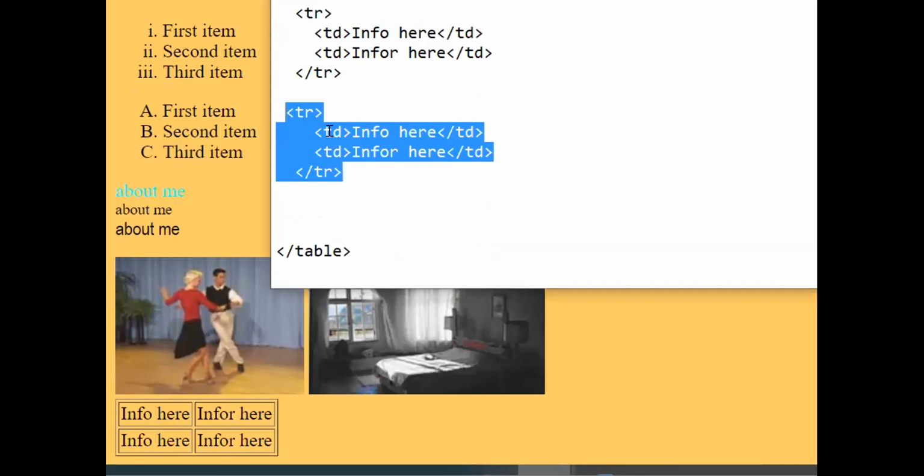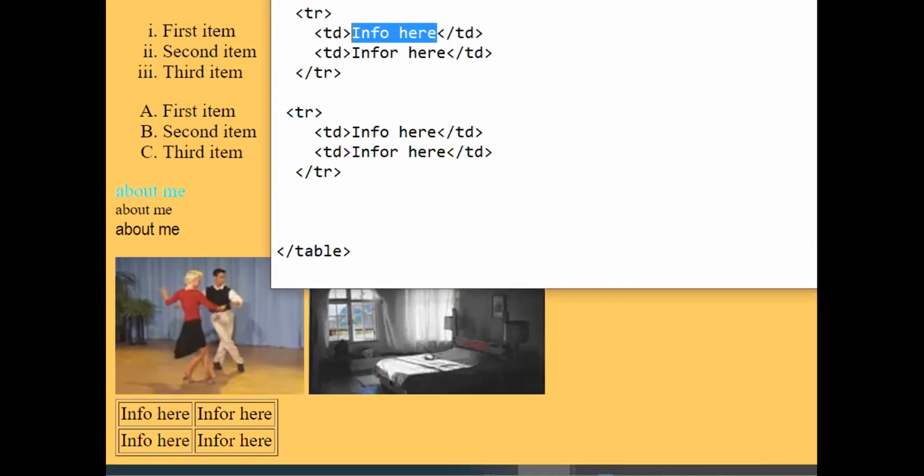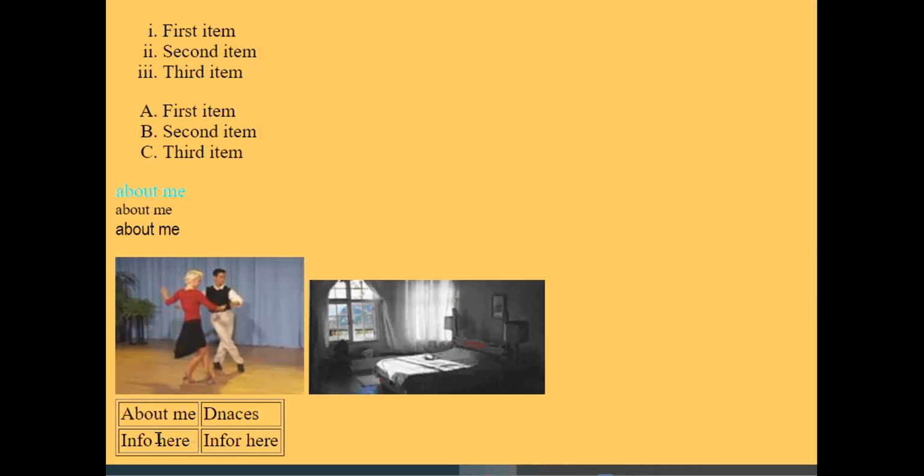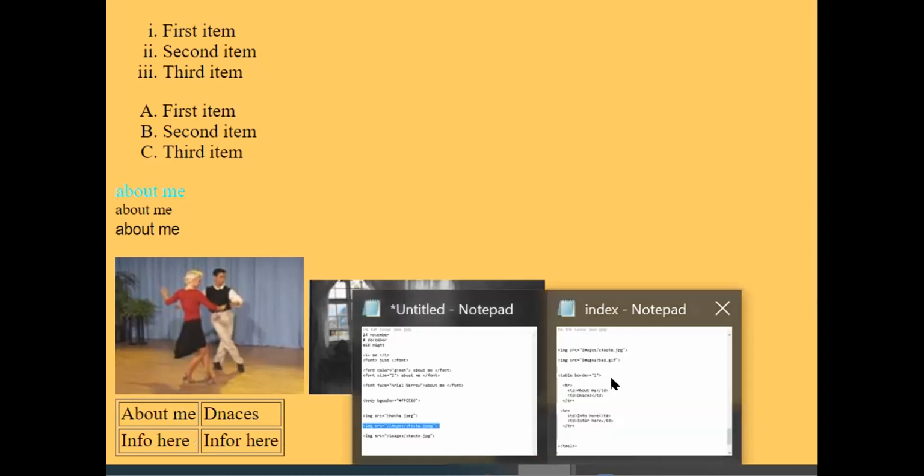Okay? Are we together? So here I can say, about me. Then I can say dances. Okay? File, save, refresh. You see, about me, dances. Can you see that? That's what I've done.